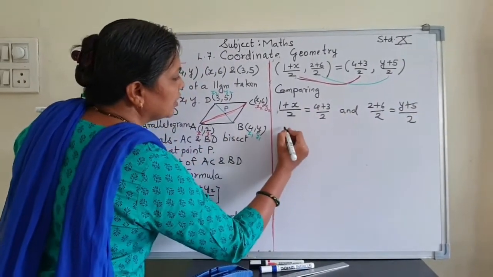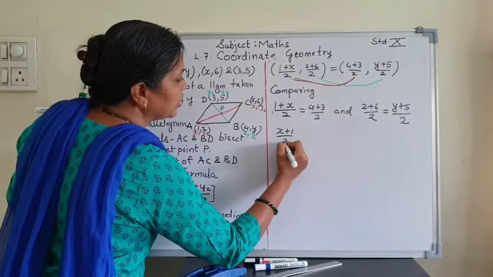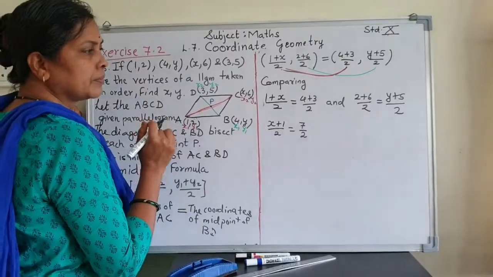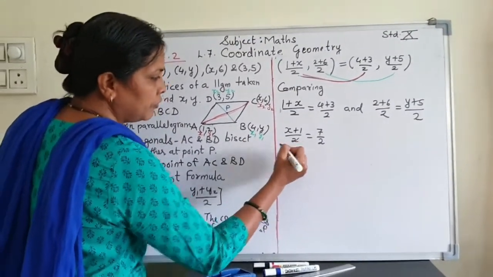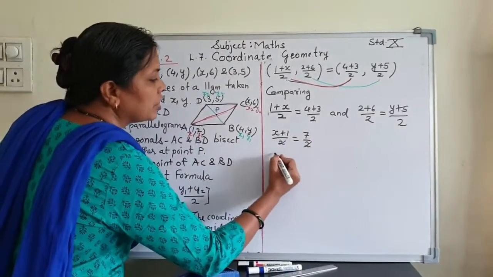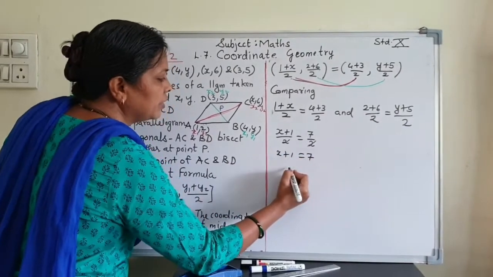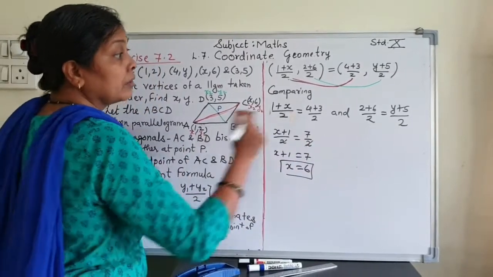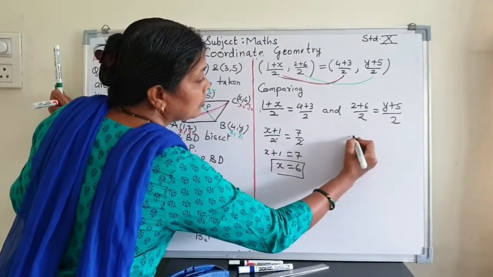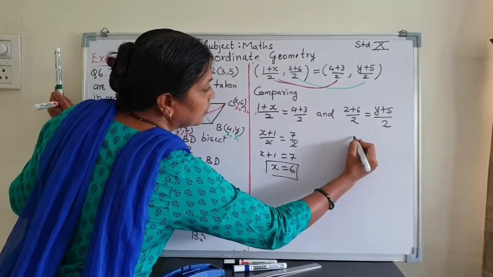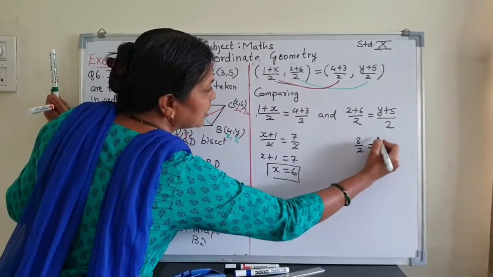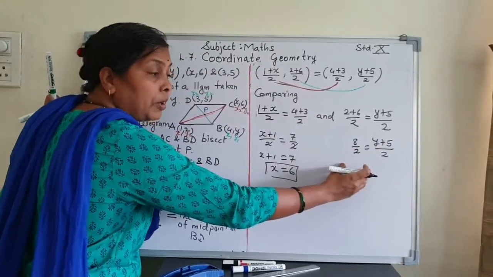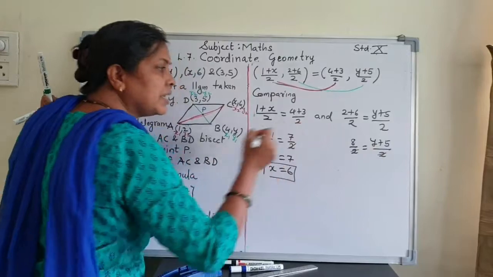Now solve this. Here we have x plus 1 upon 2 is equal to 7 upon 2. So 2 gets cancelled. First we will solve this. So here x plus 1 is equal to 7. X will be 6, transposing this 1 to this side. Now what will be y? So here we have 8 upon 2 is equal to y plus 5 upon 2. Denominator is the same on both sides, so we can easily cancel it.